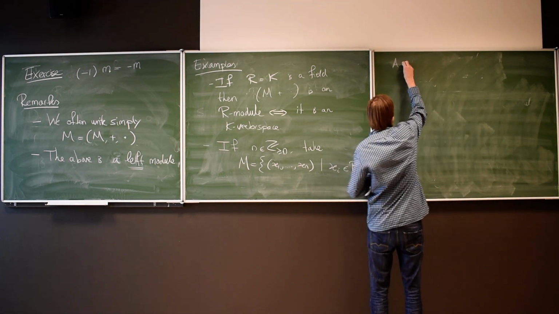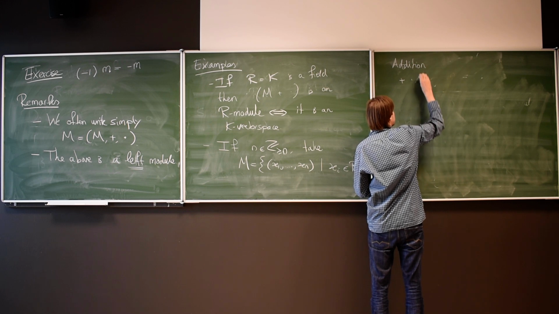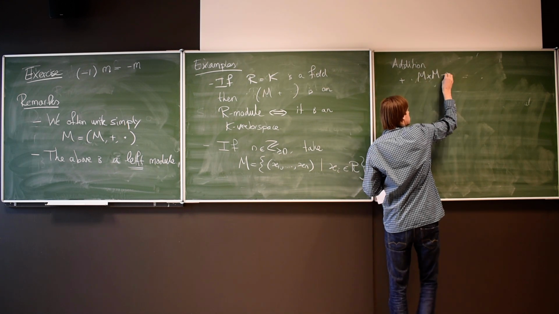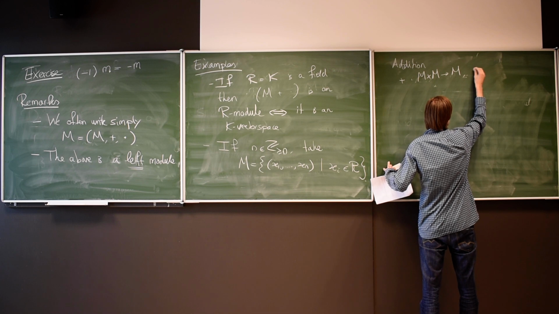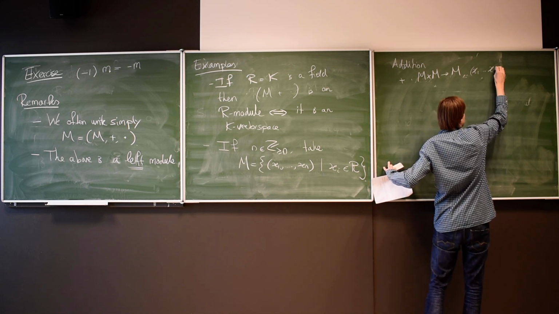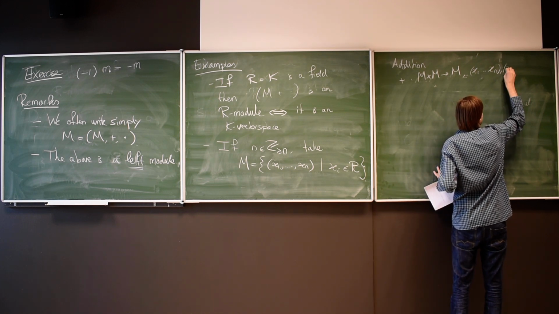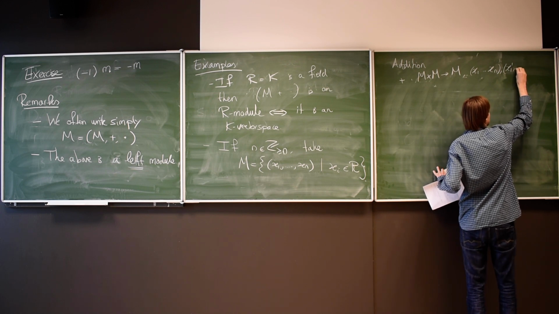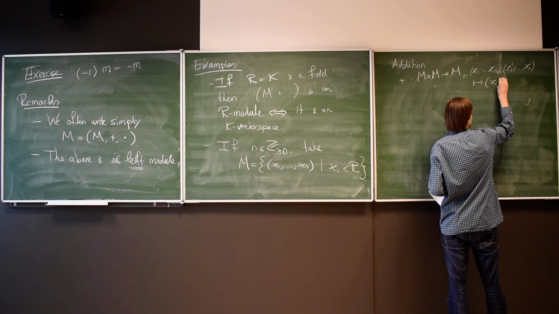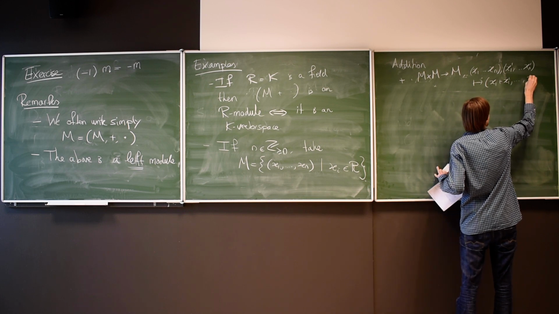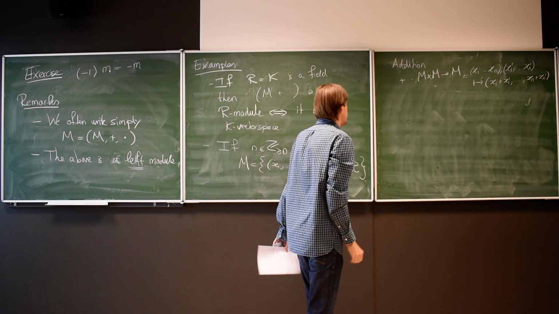Addition plus coming from M cross M to M is just given by: if I have two tuples x1 up to xn and x1 primed up to xn primed, this goes to x1 plus x1 primed, up to xn plus xn primed. Okay, so you just add on all the coordinates.